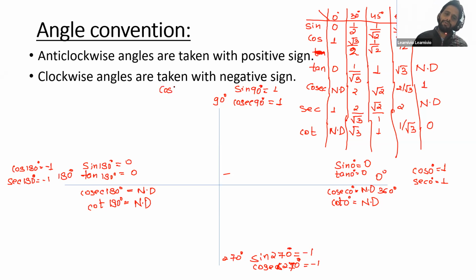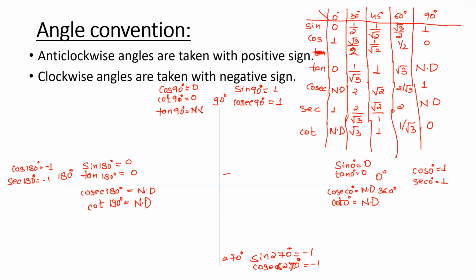For example, if you check cos 90, what's the value of cos 90? 0. Very good. What's the value of cot 90? 0. Very good. What's the value of tan 90? Not defined. Very good. What's the value of sec 90? Not defined. Very good.